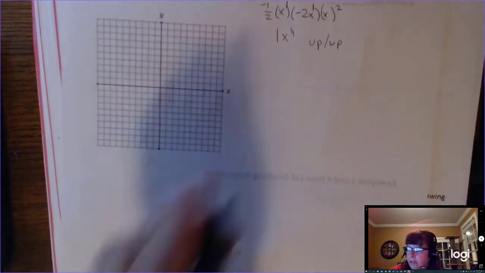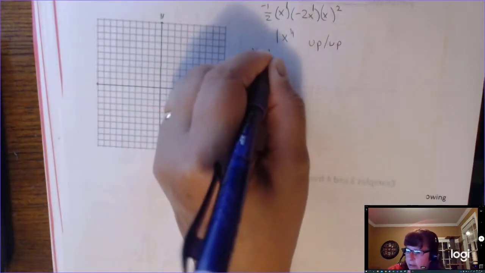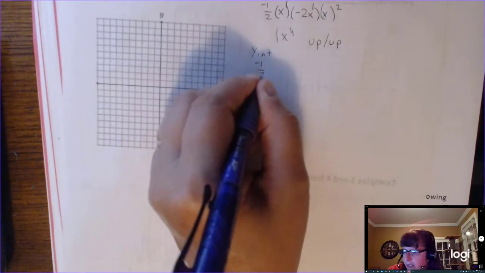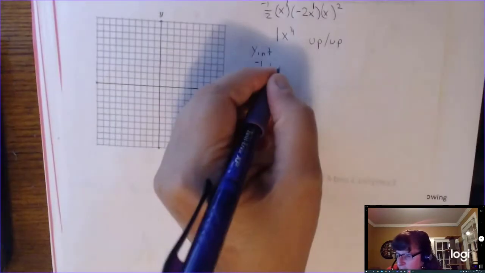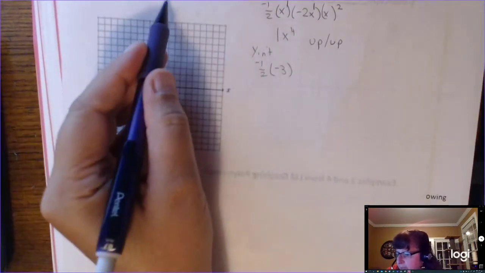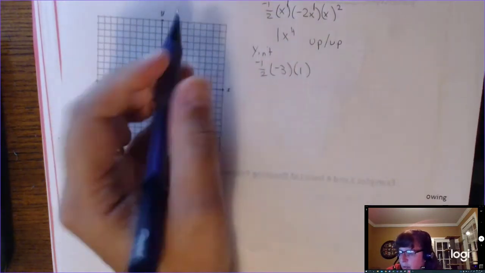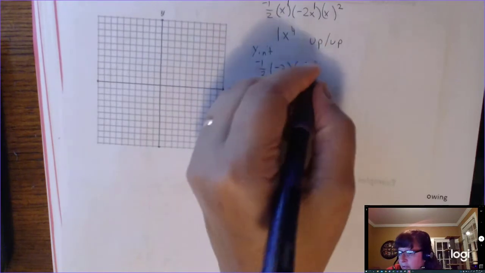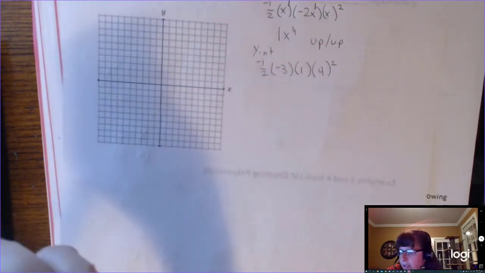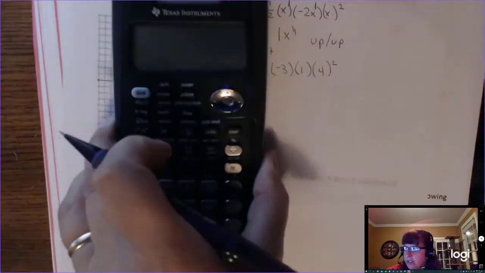Okay, the y-intercept, you have to put 0 in for x, so that's negative 1/2. 0 minus 3 is negative 3. Negative 2 times 0 is 0, so then that leaves you with 1. And then 0 plus 4 is 4, but it's being squared. Okay, so let's see what you get there.